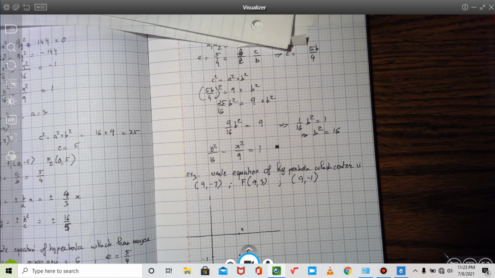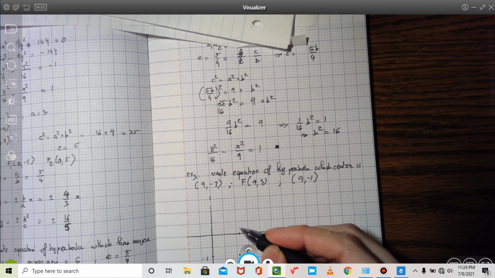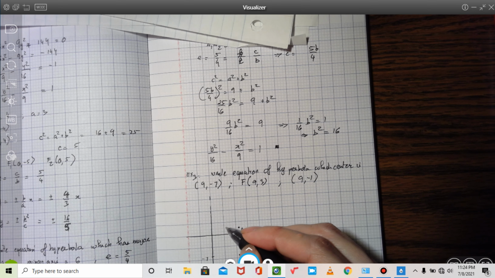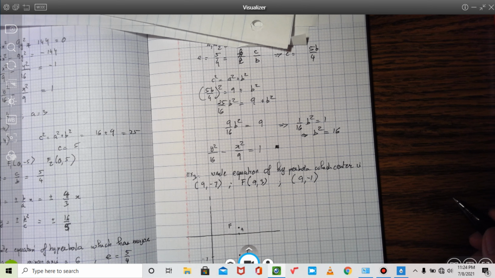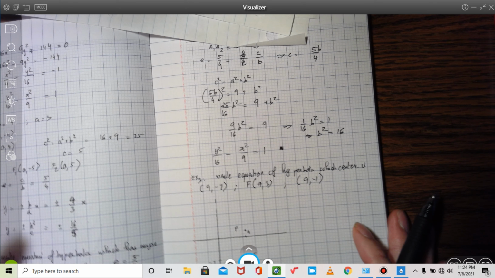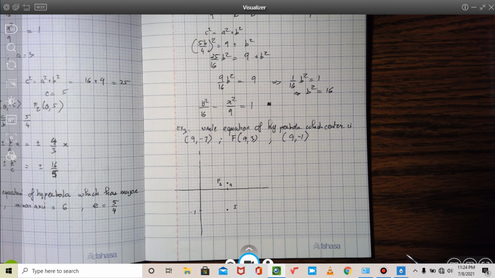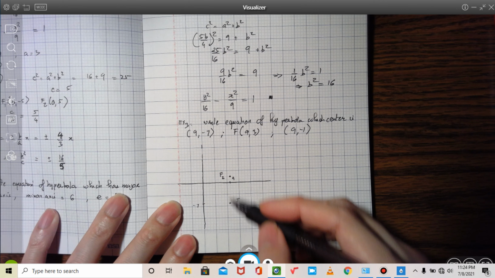And they have the focus at (9, 3), so the focus is here. They have F right here. So the center is right here and the focus over here. I need to move a little bit up. This should be F2, and F1 should be all the way down here.